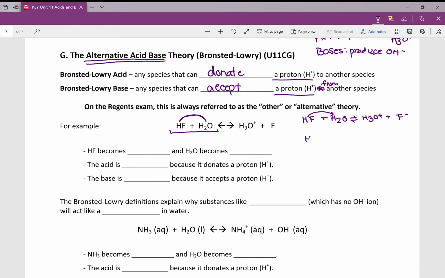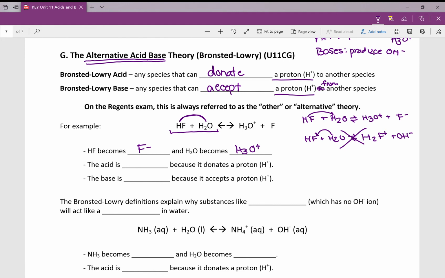If it would have moved the other way, where H2O would have donated a proton to HF, well then this would have looked something like H2F plus and OH minus, okay? And that's not what we have. So in this case, HF is becoming F minus, and H2O is becoming H3O plus.